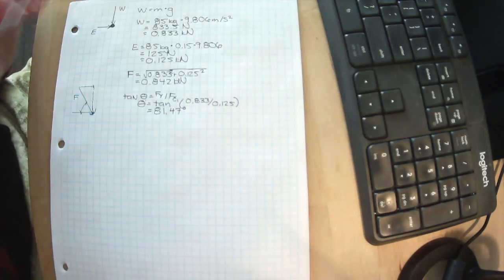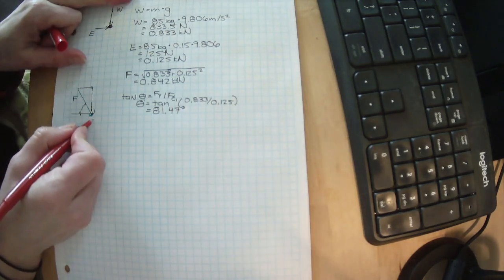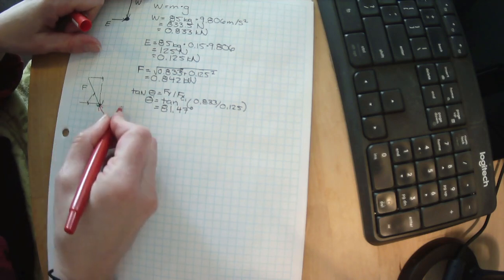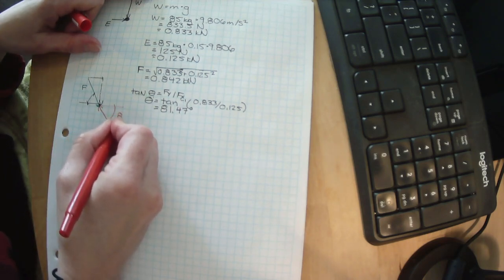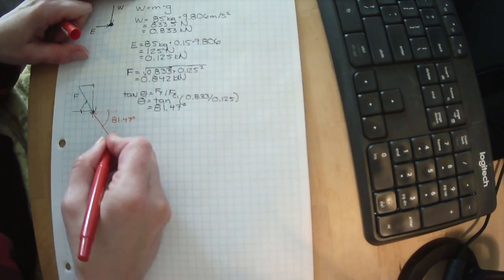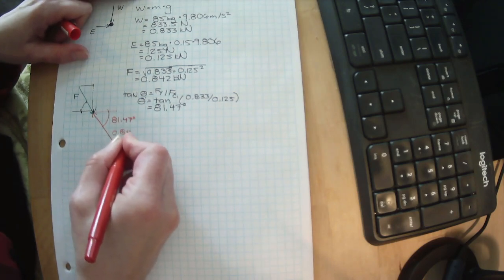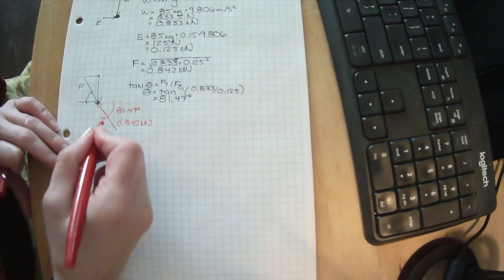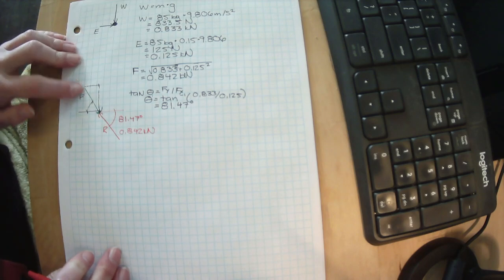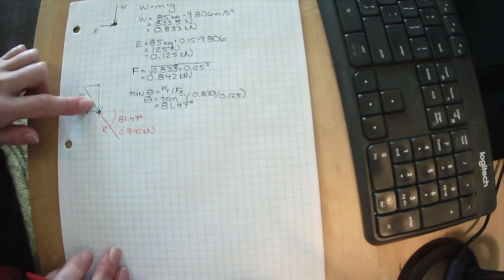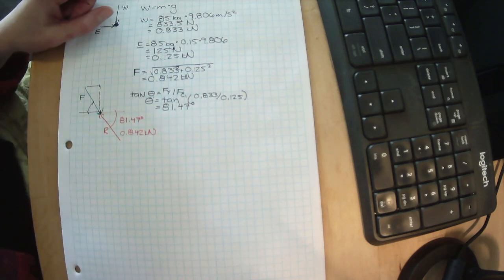So we know what that force is. I'm going to be lazy here. If this is our object, we need an equal and opposite reaction, where that is 81.47 degrees, and this value is 0.842 kilonewtons. So that's our reaction. We have a force acting on this object, which is us, and we have a reaction acting on this, which is us.